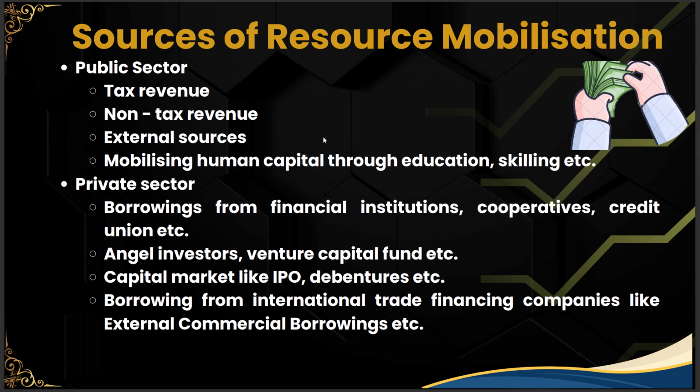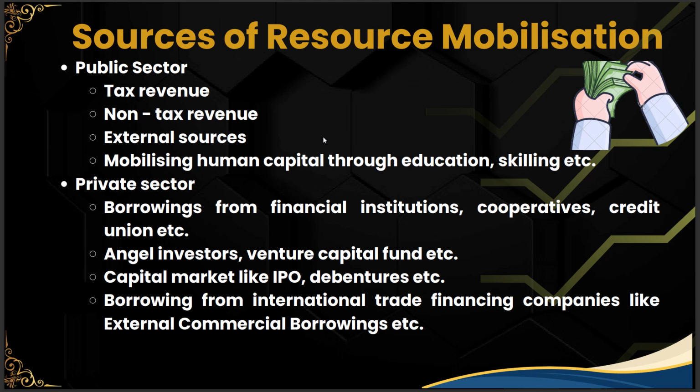Non-tax revenues mean dividends from the PSUs, fines, examination fees, etc. Like we saw recently, SBI paid a huge amount of dividend to the finance minister. That is a non-tax revenue. Next are external sources, which can be acquired through foreign direct investment, foreign institutional investors, and sovereign borrowings from the IMF, World Bank, etc. And finally, mobilizing human capital through education and skilling, which can help in tackling the human resource problem.